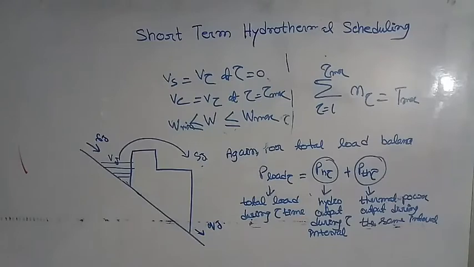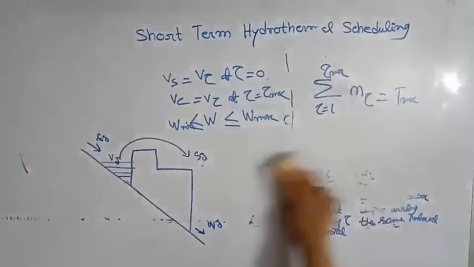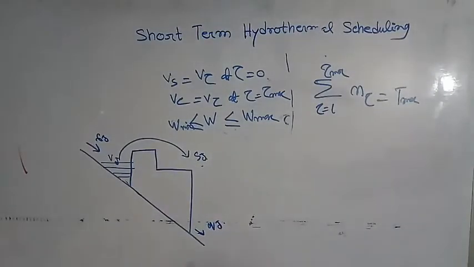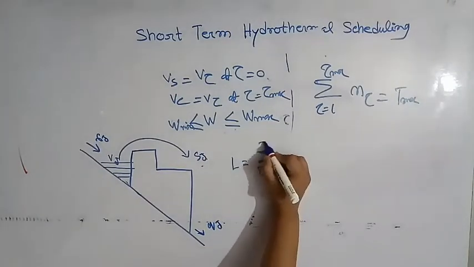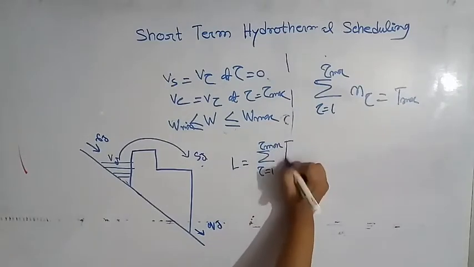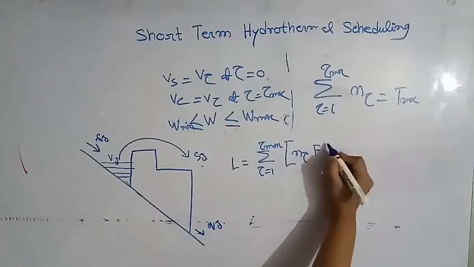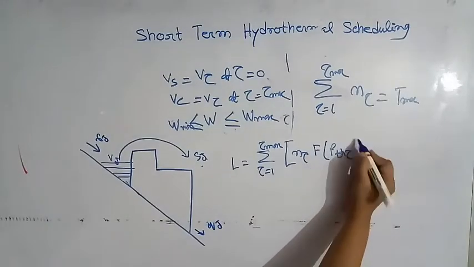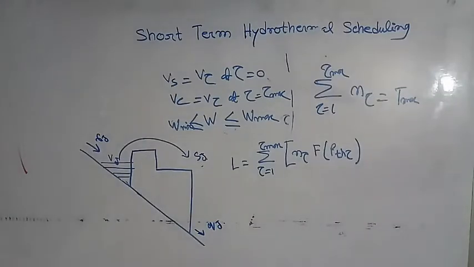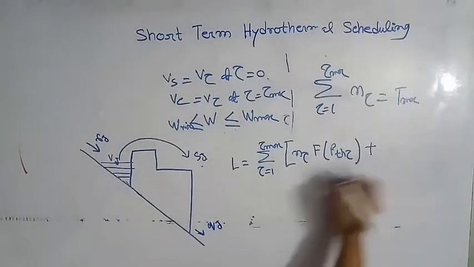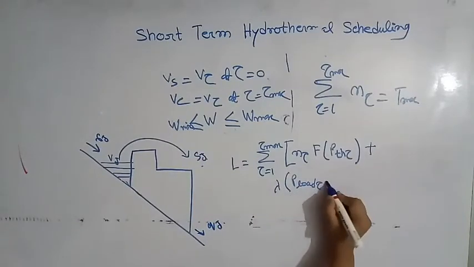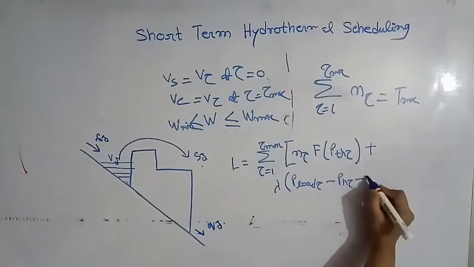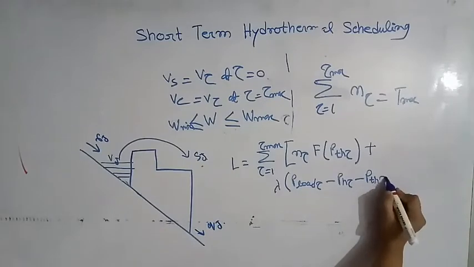So these are the assumptions. Now application of the Lagrangian technique yields L, the Lagrangian function, equal to summation tau equals tau 1 to tau max, N tau F PTH tau, that is the fuel cost of thermal power generation, plus lambda into P load tau minus PH tau minus PTH tau.